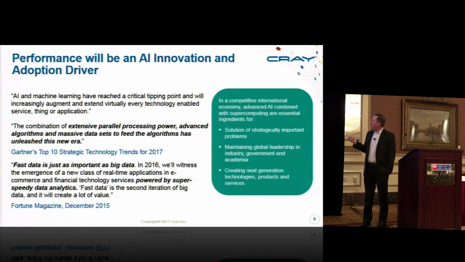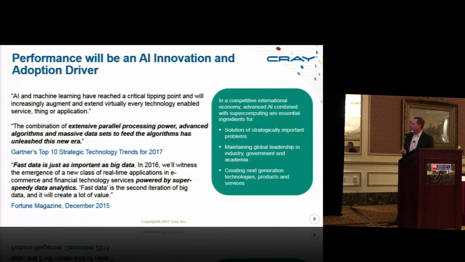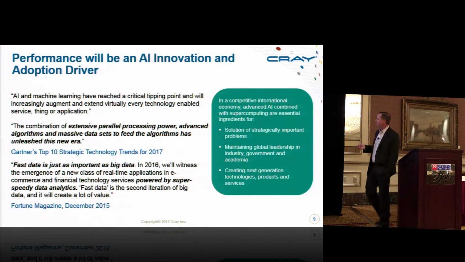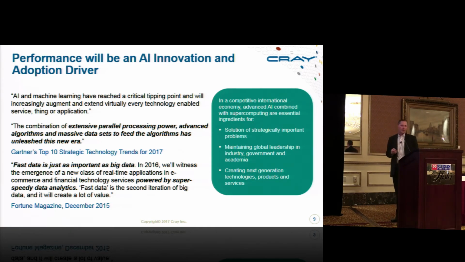In a competitive economy, this supercomputing becomes essential for these types of things. So it's a solution for strategically important problems, maintaining global leadership in industry, government, and academia, and creating next-generation technologies, products, and services. That's how a lot of the commercial world is looking at AI and the benefits that it can provide.